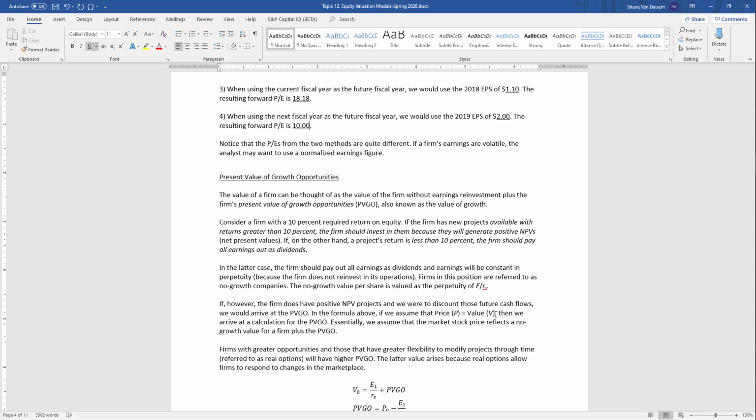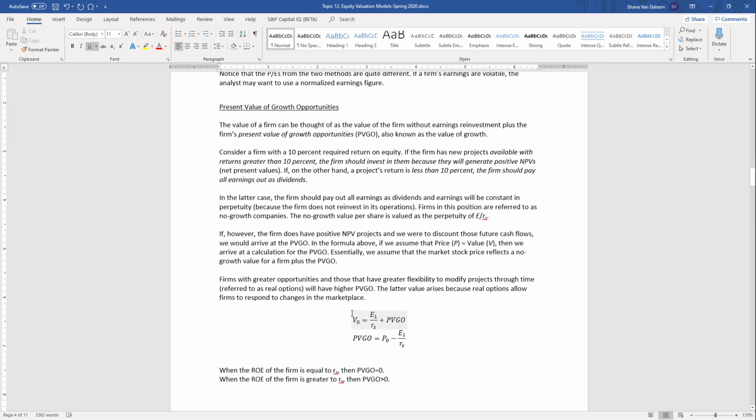And so if you've got a firm, what this is saying is that the value of a firm is equal to its current earnings, assuming that they're not reinvested, plus the present value of its growth opportunities. So in a case like Capital Federal, I looked at their stock today actually, and it's in the same price range as it was when I valued them a couple of years ago.